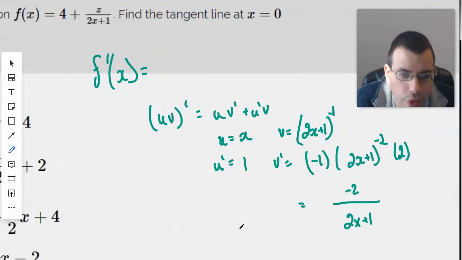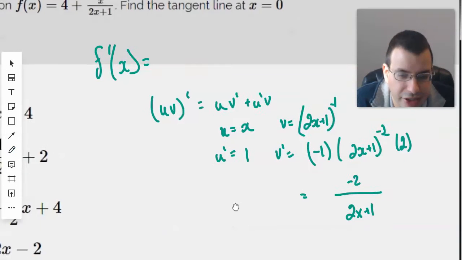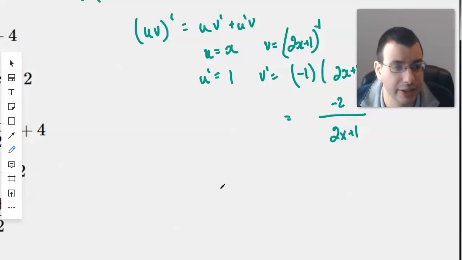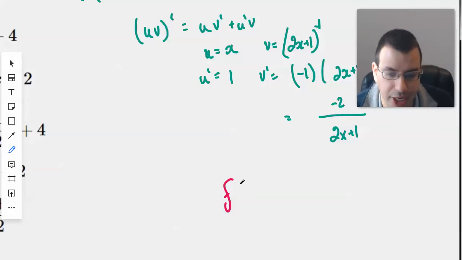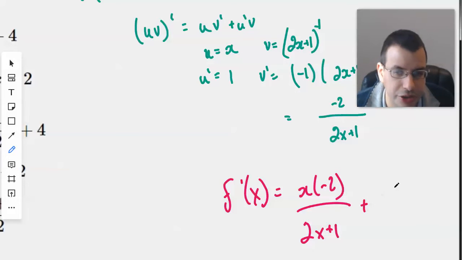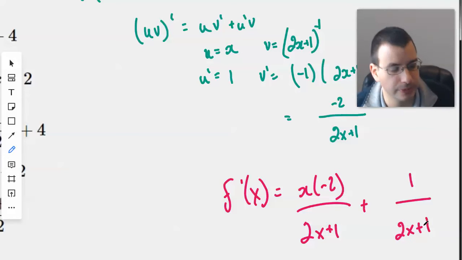And so for f prime of x, I'll do it down here. And I'll change to red. So we have f prime of x equals u, which is x, times v prime, which is negative 2 over 2x plus 1 squared, plus u prime, which is 1, over v, which is 2x plus 1.